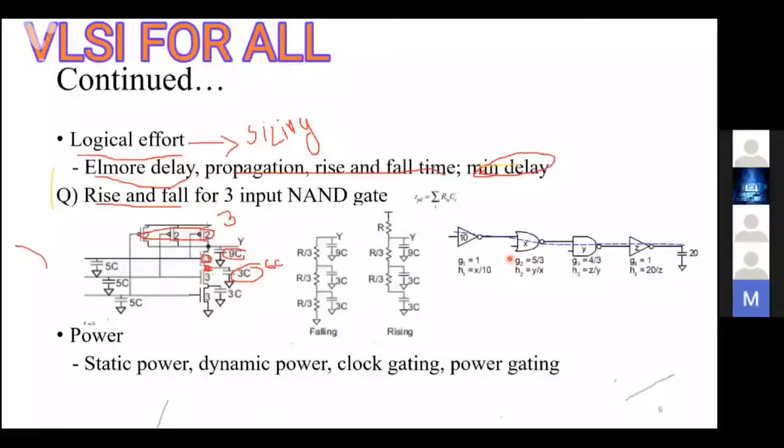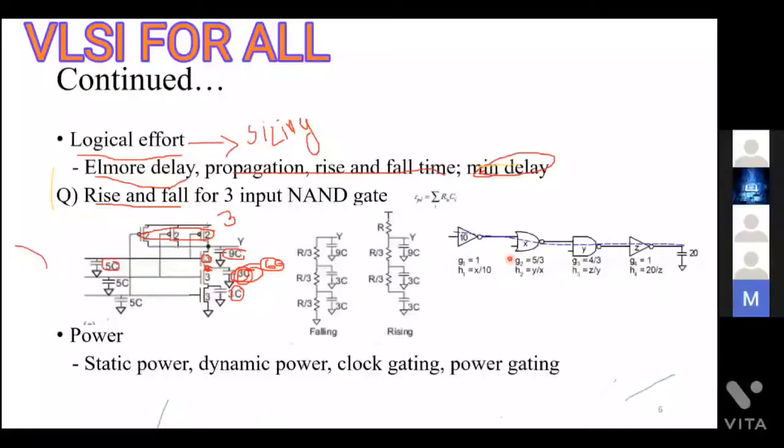If you lay out in a definite fashion, you will get 3C; if you lay out in a random way, you will get 6C. But 3C should be preferred because of the low parasitic. In the same way, this is also 3. The input gate capacitance, you can add just 2 plus 3.